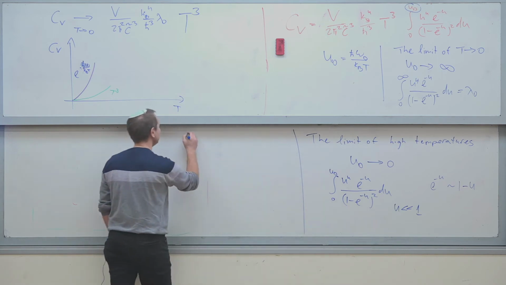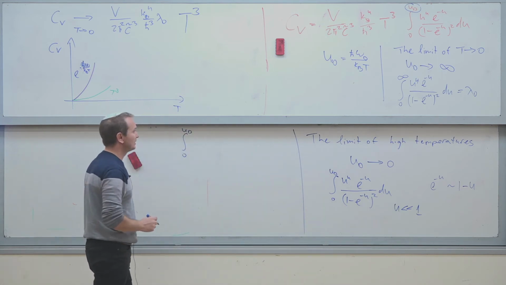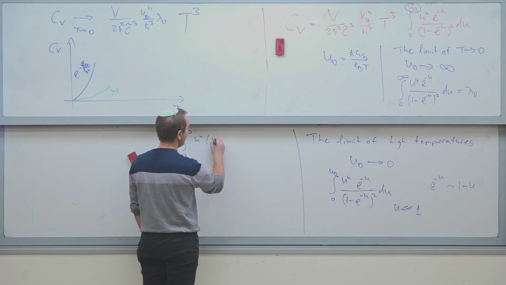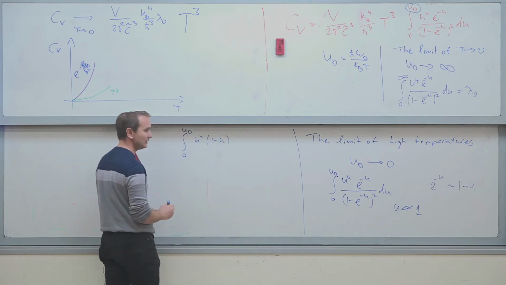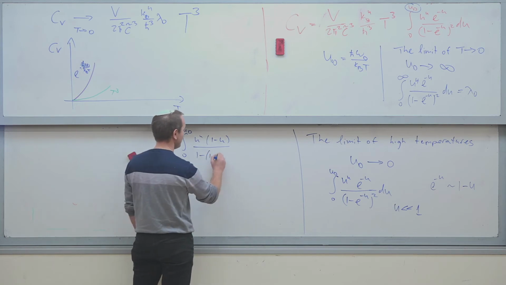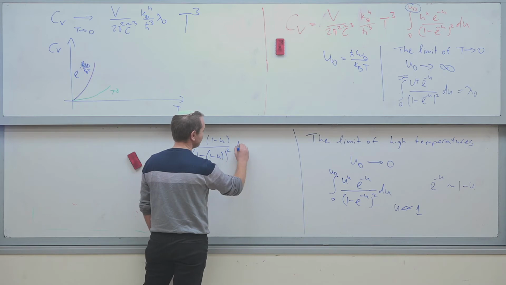So I have an integral from 0 to u Debye of u to the fourth, times 1 minus u, divided by 1 minus u to the second power, du.